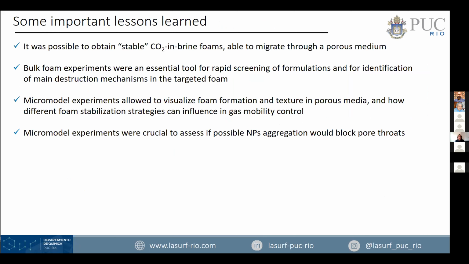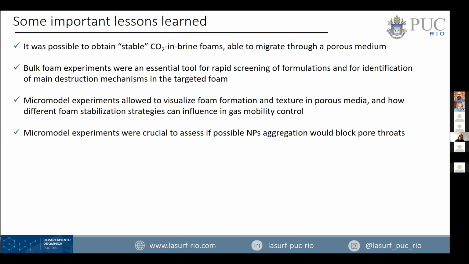So, as the important lessons learned for us in this very initial work, we're going into the porous media. We work more with foams in bulk than these confined foams. We're happy to say that it was possible to obtain metastable CO2-in-brine foams that were able to migrate through a porous media and reach a certain pressure difference.